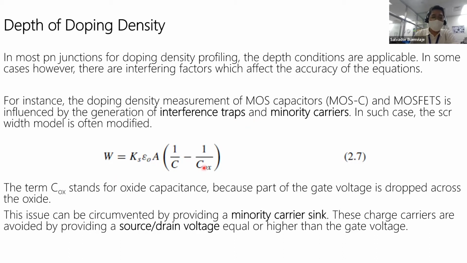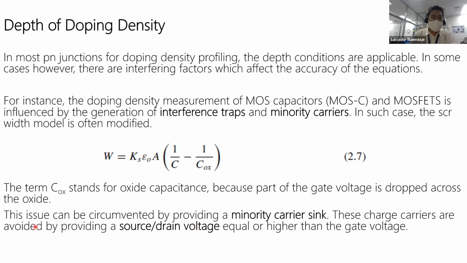Here the term 1 over C sub ox, which stands for the oxide capacitance, is incorporated in the equation to account for other factors which affect the depth of the doping density.